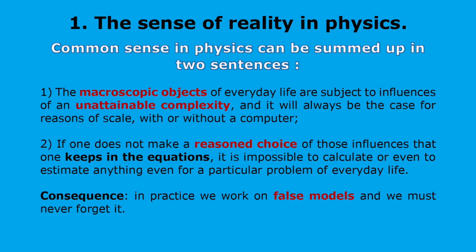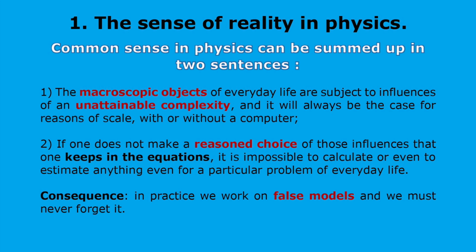Common sense in physics can be summed up in two sentences. First, the macroscopic objects of everyday life are subject to influences of an unattainable complexity, and it will always be the case for reasons of scale, with or without a computer. Secondly, if one does not make a reasoned choice of those influences that one keeps in the equations, it is impossible to calculate or even to estimate anything, even for a particular problem of everyday life.